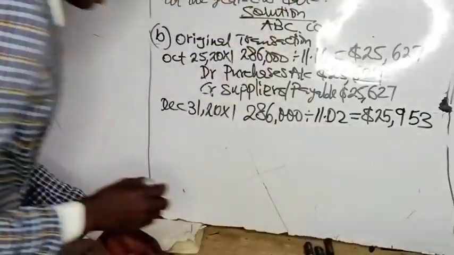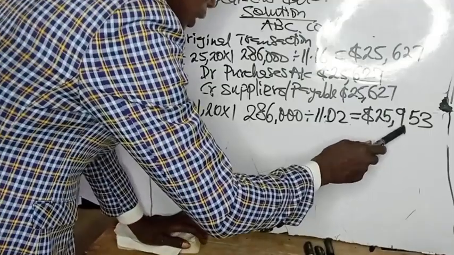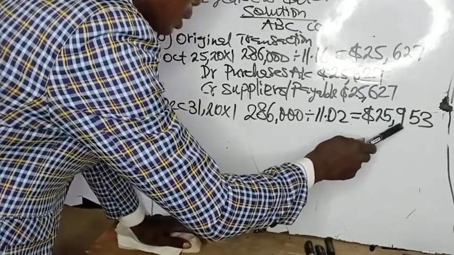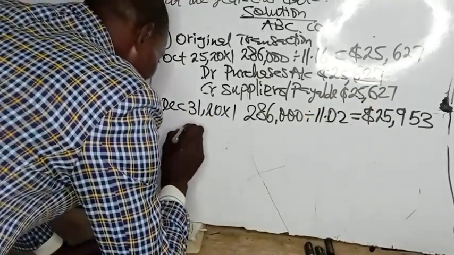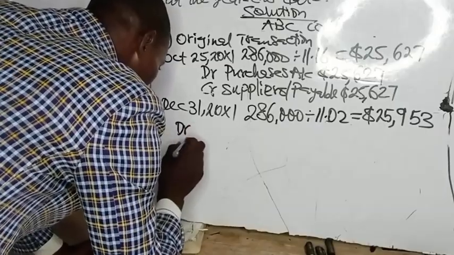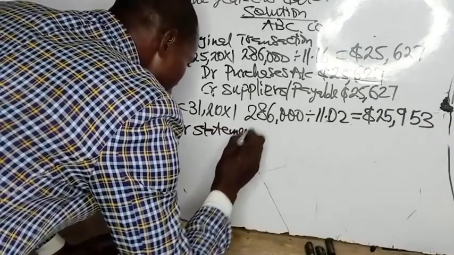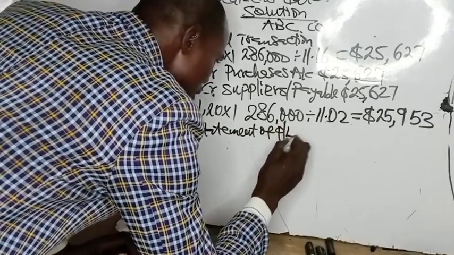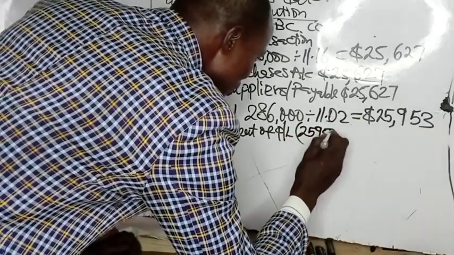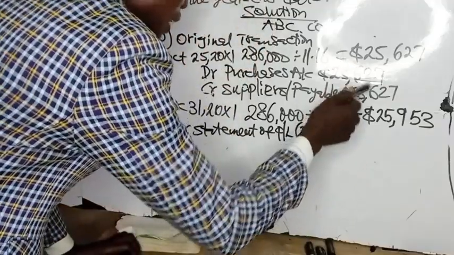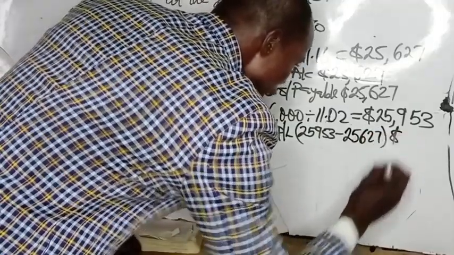So the amount you have at the end of the reporting period, at the balance sheet date, is greater than what you have here. That means you have the exchange loss, which will be debited to the statement of profit or loss. You have debit statement of profit or loss, which is the difference between 25,953 and 25,627.